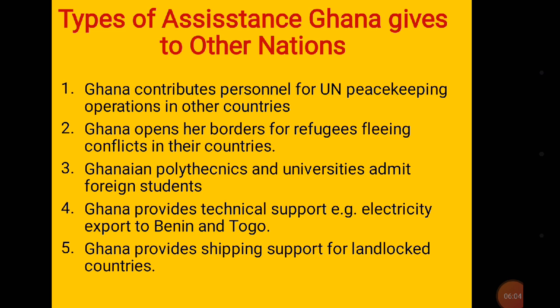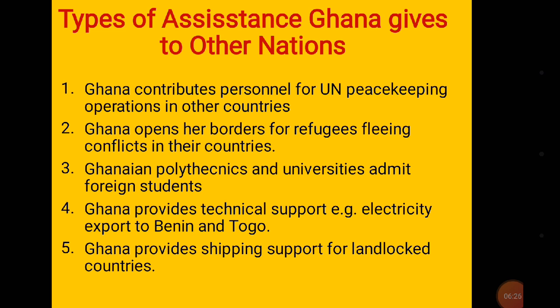For example, at the Tema ports or the Tema Harbor in Ghana, you see that there is a Burkina Faso Chamber of Commerce. They do all their shipping or most of their shipping transactions through Ghana. That is great.